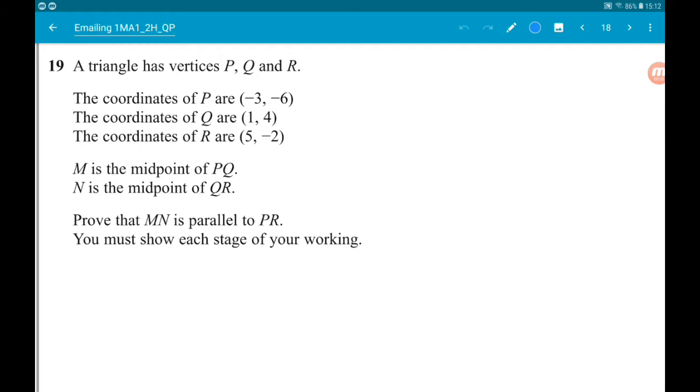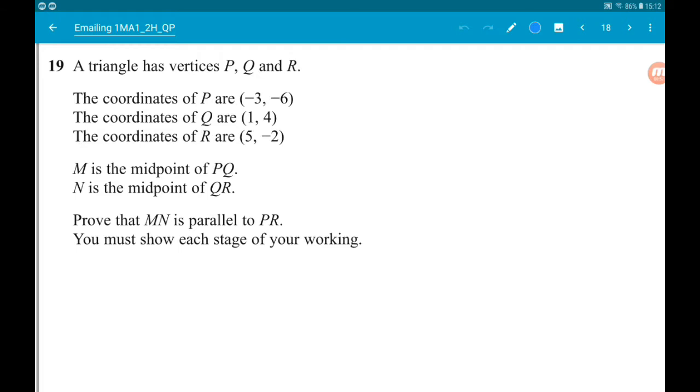M is the midpoint of PQ. N is the midpoint of QR. We want to prove that MN is parallel to PR. We must show each stage of our working.